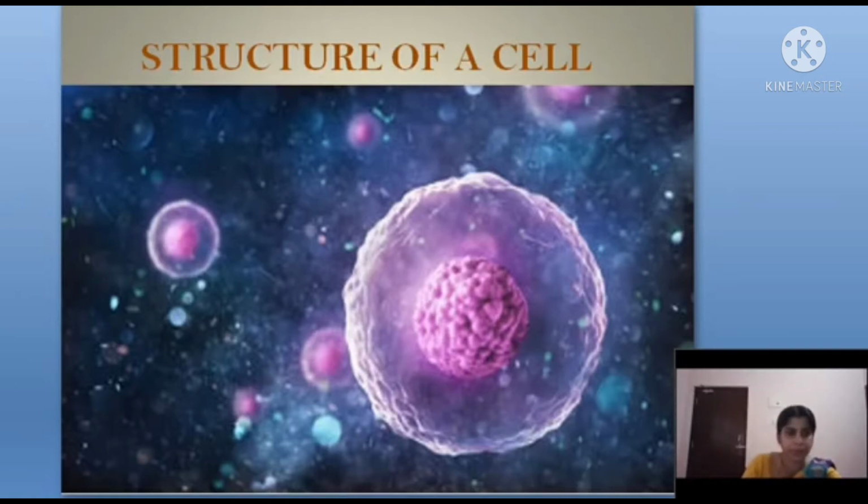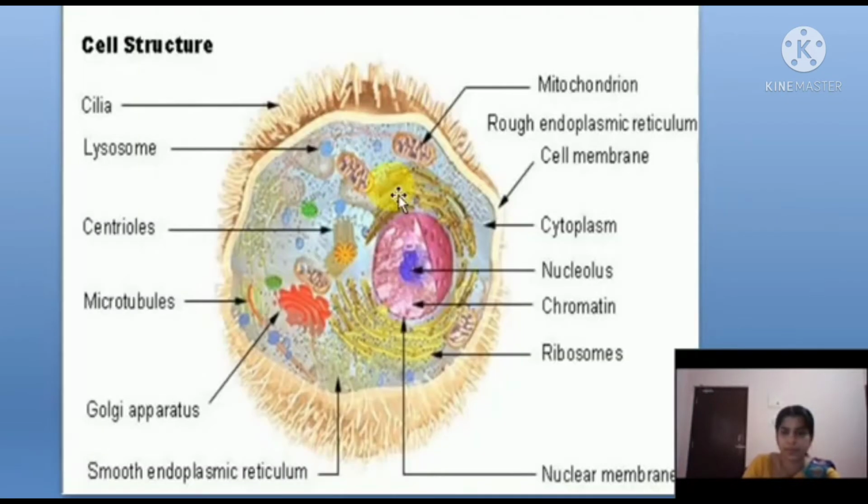See, this is the structure of a cell. It is the animal cell. There are some hair-like structures known as cilia, and this blue one is the lysosome, otherwise called the suicide bag, and centrioles, microtubules, Golgi apparatus, smooth endoplasmic reticulum, and this is the nuclear membrane.